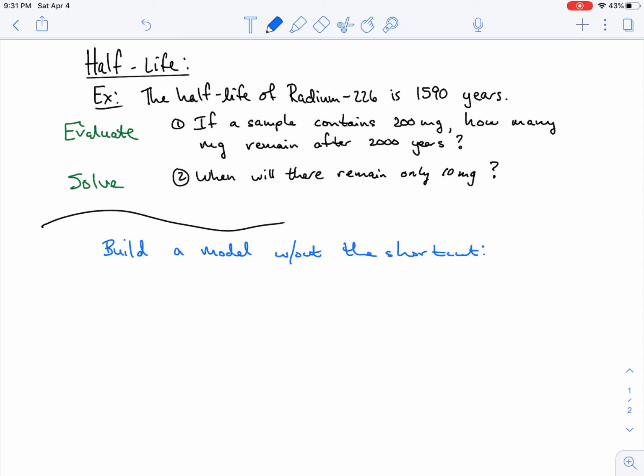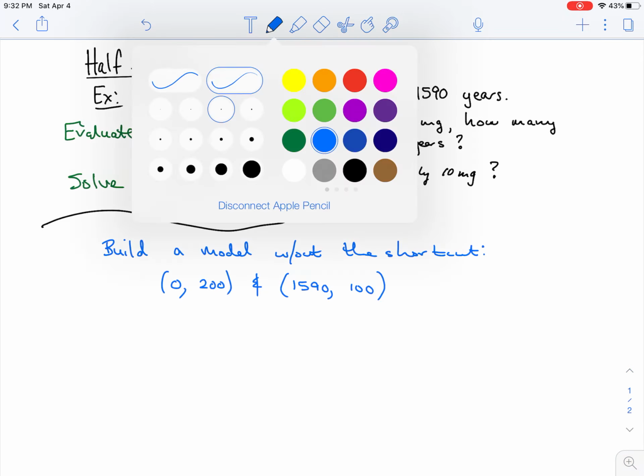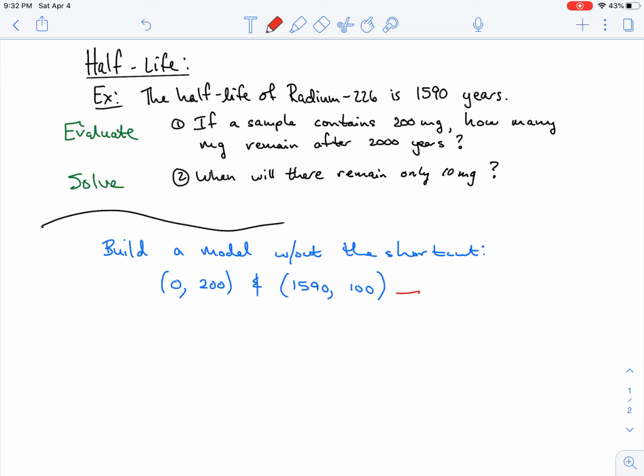What you would do is convert the information given into two data points: at time 0 there's 200 milligrams, and at time 1590 there's 100 milligrams. Now this second point isn't given explicitly in the problem at all. This one is actually implicit, using the first point and the half-life.